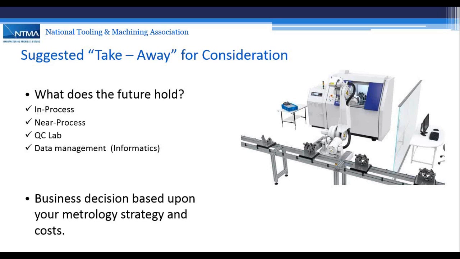How do we process data, and how do we use that data to make our business decisions? So from the gauge standpoint, whether dedicated, flexible, or even limited, simple tools on the line, all those are at the very beginning or very end of the process of making the part, but getting the information, the data management, is going to hold the key to how things will be decided in the future and where we go. Awesome. That's great.